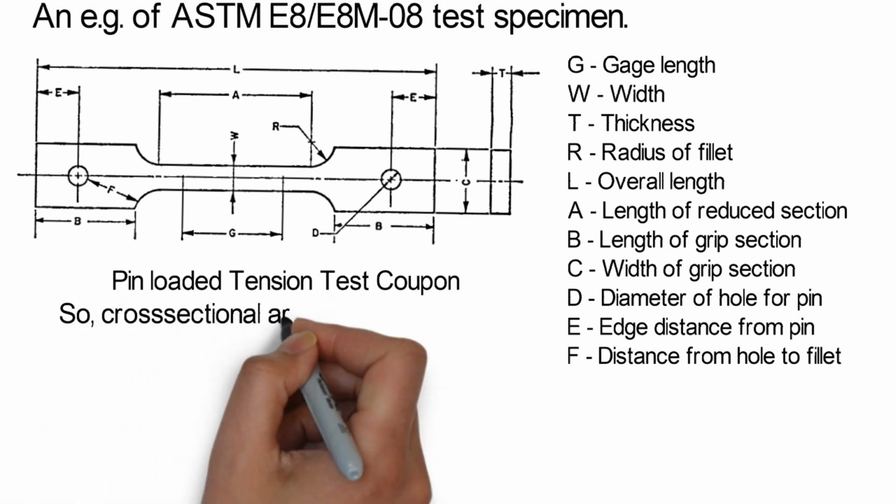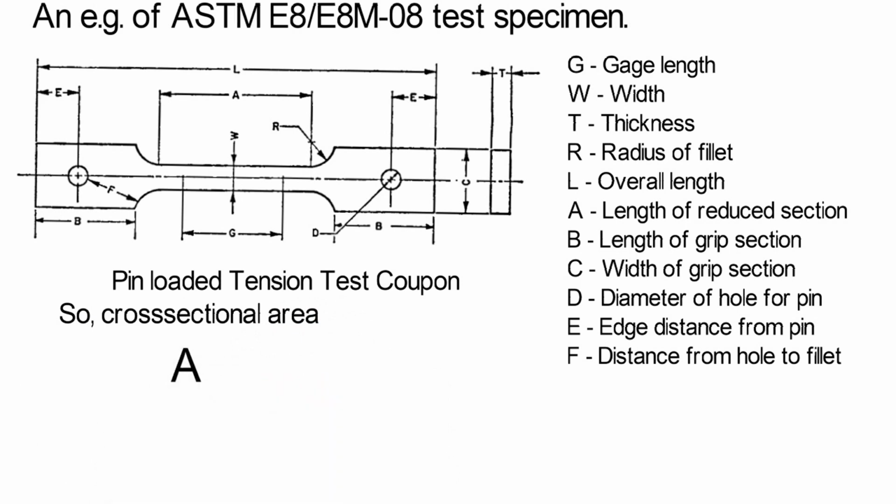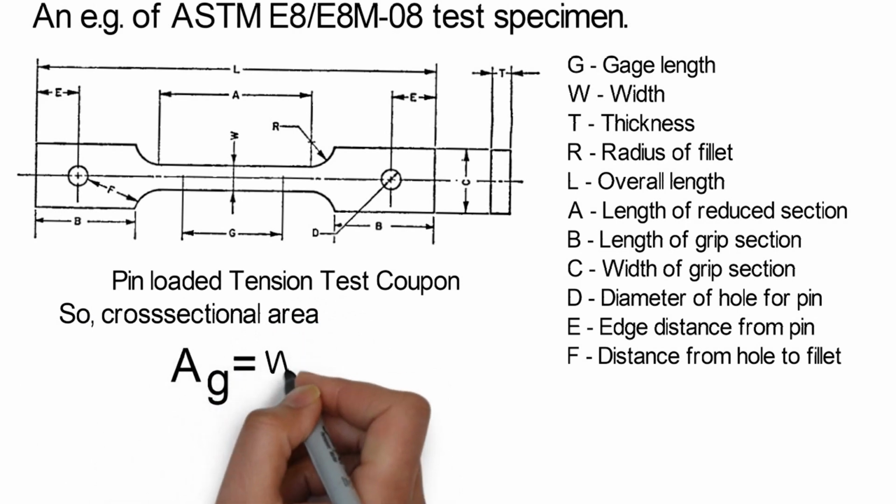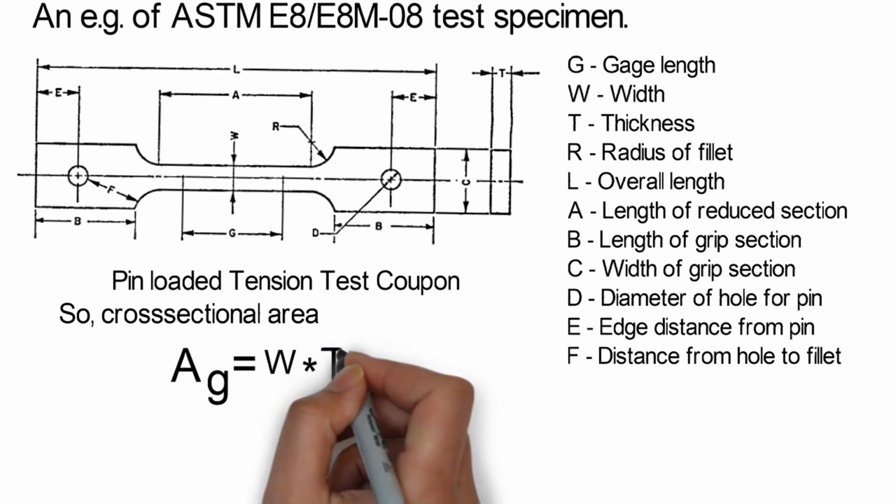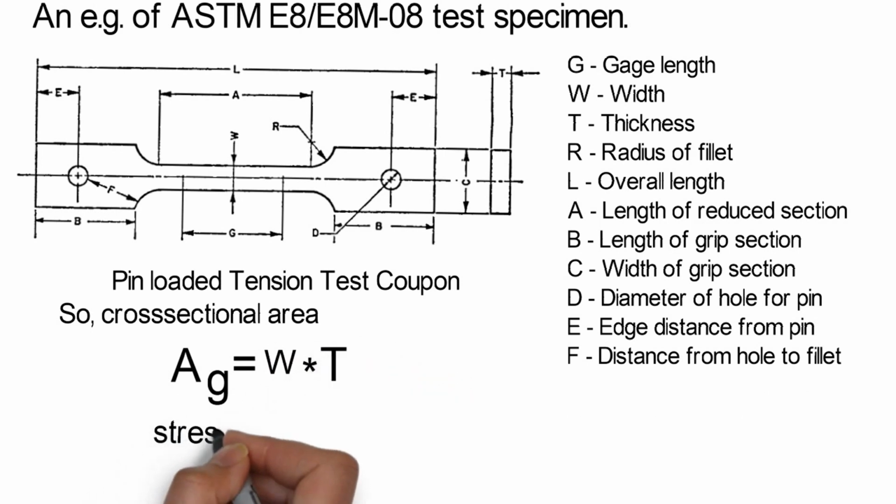So the cross-sectional area AG equals W times T. So stress equals load P divided by cross-sectional area AG.